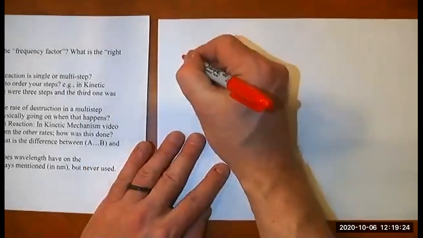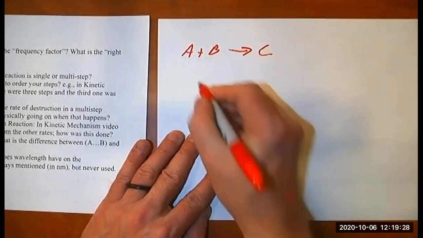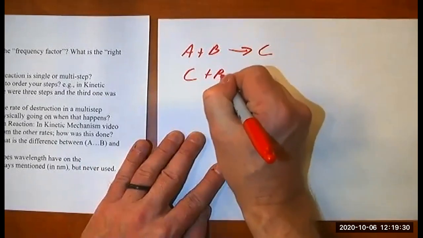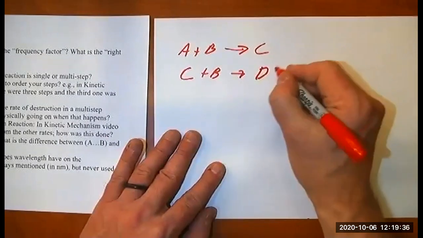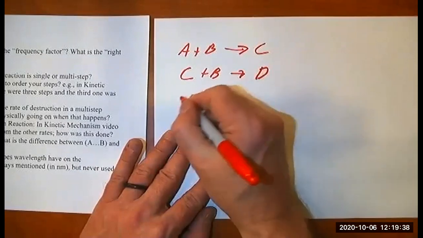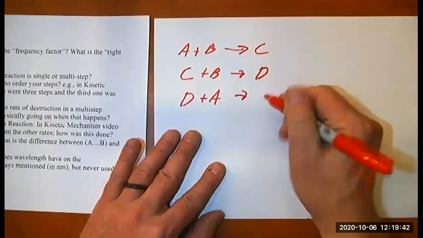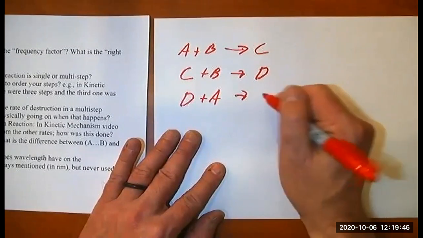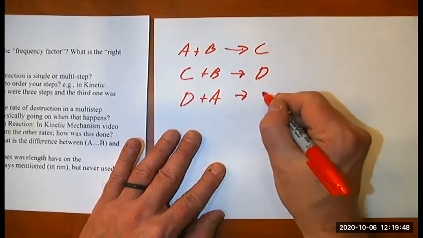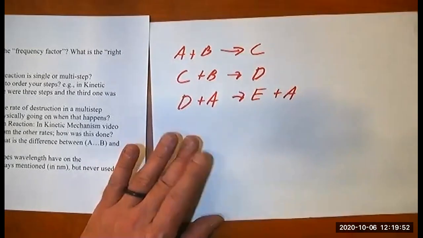So if we have A plus B goes to C, we have then C plus B goes to D, and let's say D plus A goes to our product E plus A.